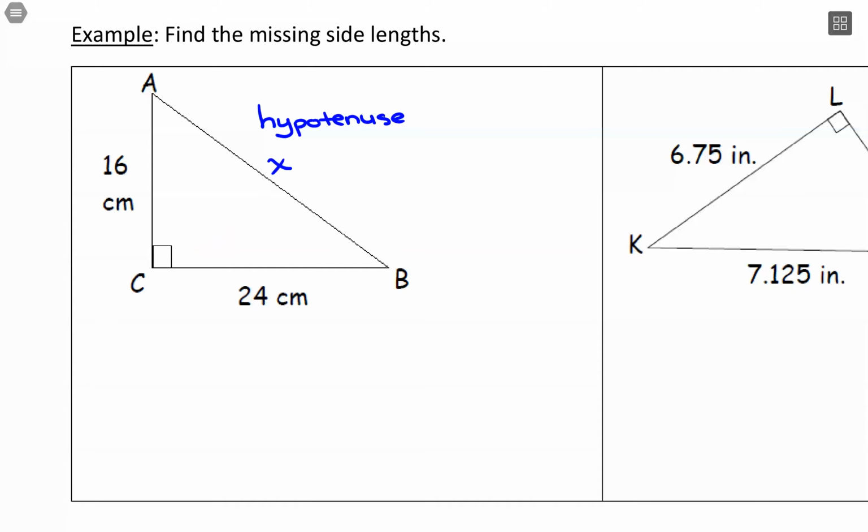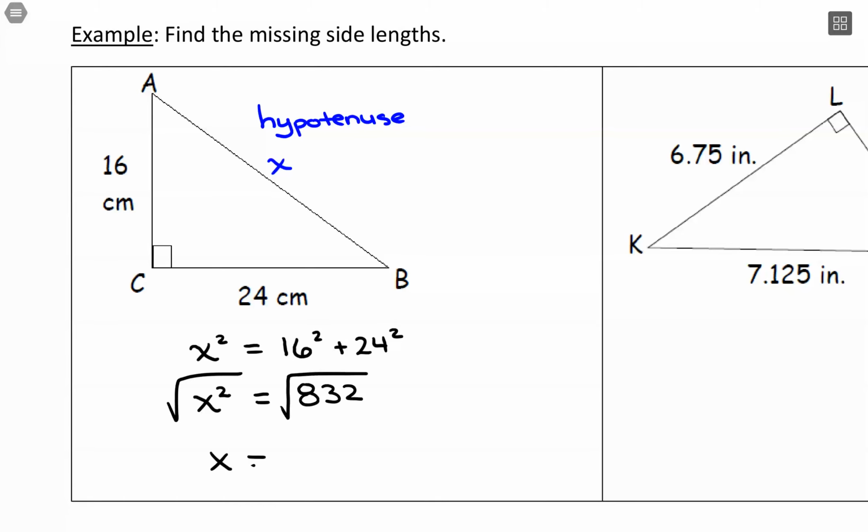So we're going to have our hypotenuse squared, which is the unknown x squared, equals, and then I'm going to take each leg squared and add them together. And then it's just some algebra and calculator work solving for x. So 16 squared plus 24 squared, a calculator would give us 832. And then we would take the square root of both sides and get x equals.